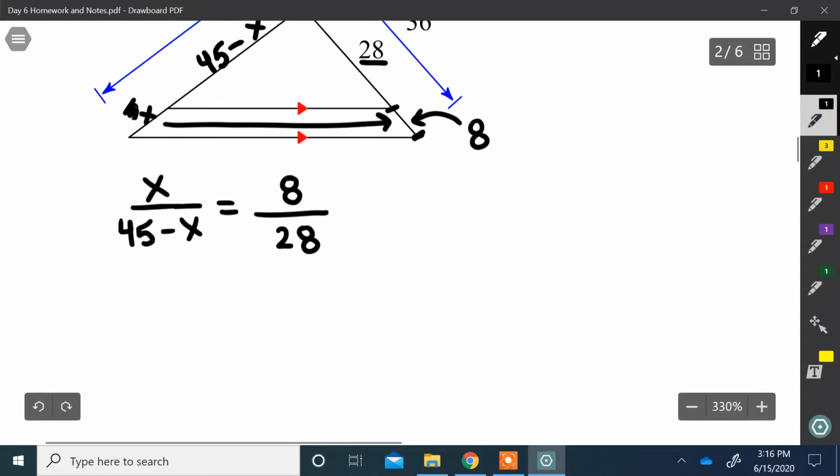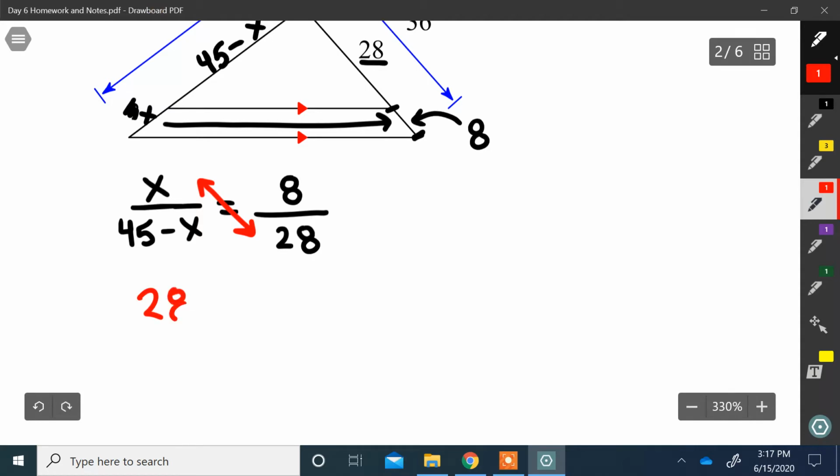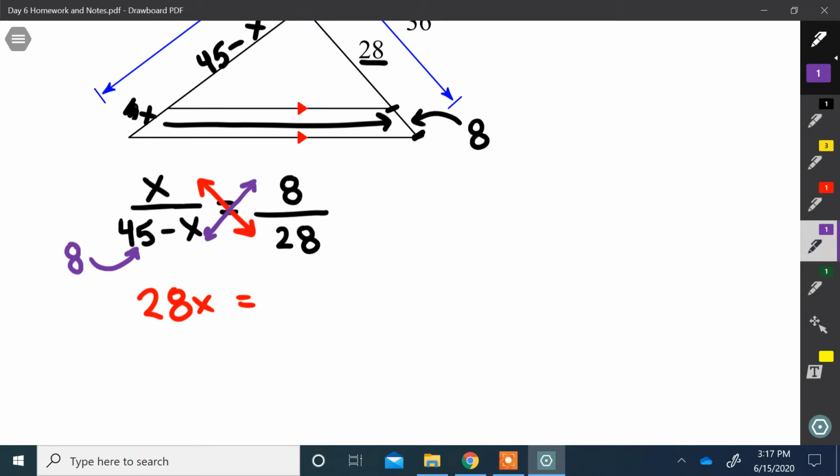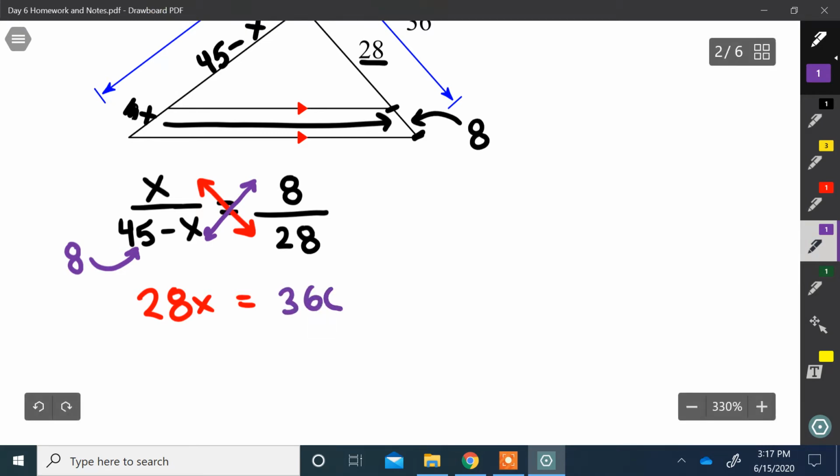Now I'm going to go ahead and cross multiply. 28 times x, we're just going to get 28x is equal to, now we're going to multiply the 8 times all of that. Remember, you're going to multiply 8 times 45. 8 times 45 is going to give you 360. And then 8 times negative x is going to give you negative 8x.